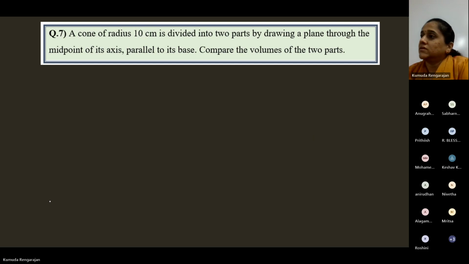Now, when we show that two triangles are congruent, then we write some results. We say because the triangles are congruent, their corresponding parts are equal. CPCT, remember? Corresponding parts of congruent triangles are congruent. Once you show that two triangles are congruent, their corresponding angles and corresponding sides are equal.